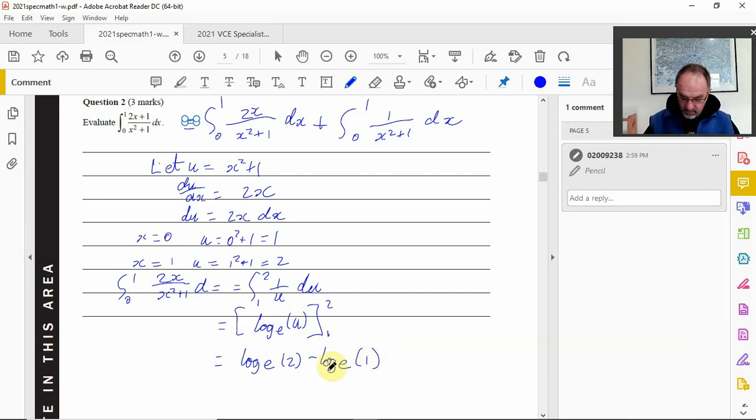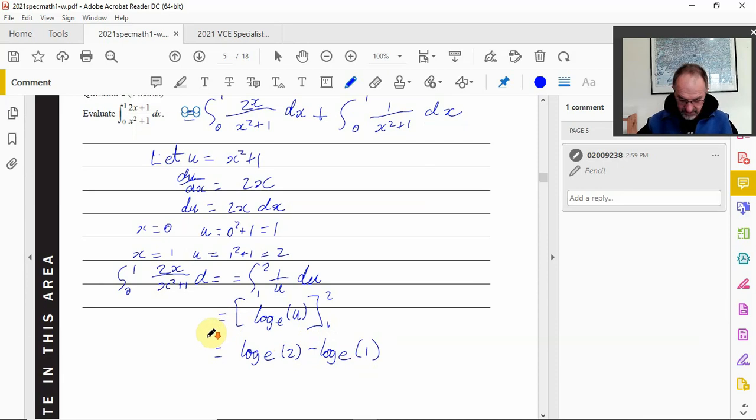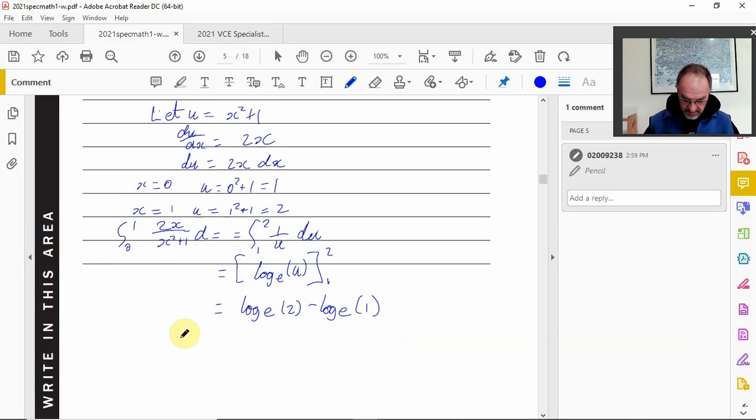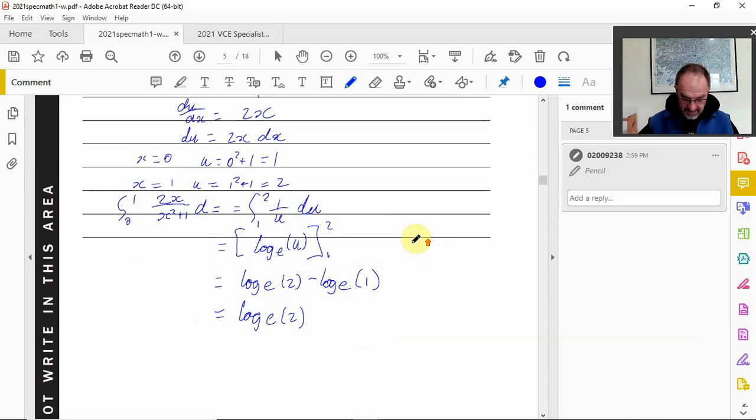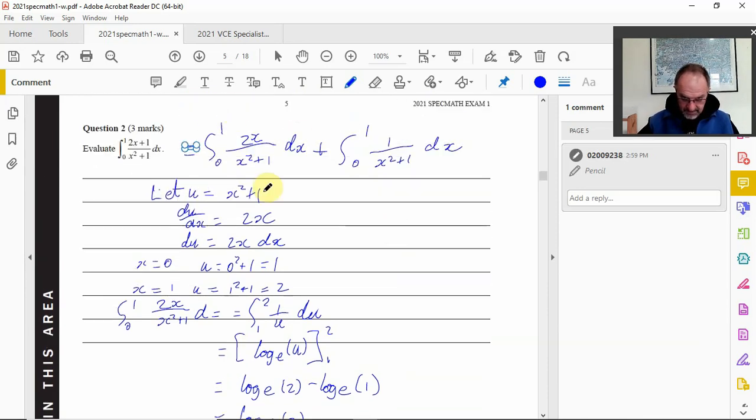Now log of 1 is of course 0, so this bit here is simply log to the base e of 2.